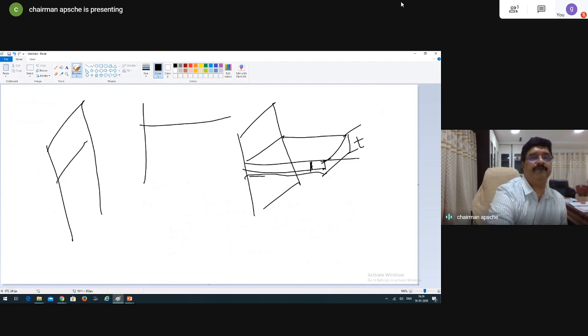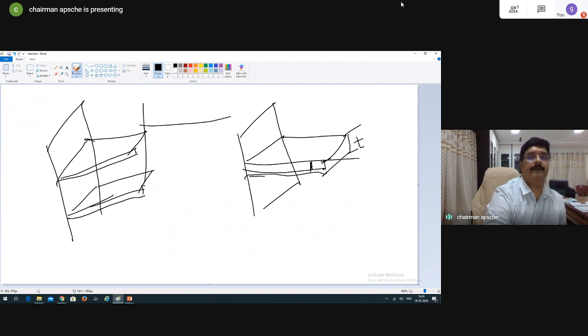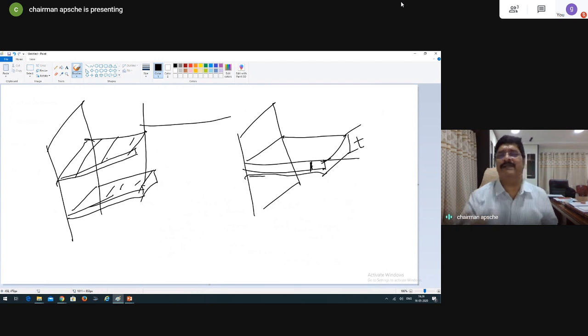If we make 2 fins, one here and one here, with half the thickness each, see how much the surface area increases. Ultimately the concept is to increase the area. So whenever you use fins, you don't refer to very thick fins. Thick fins will not help you. Thin fins are preferred, because the major surface area comes on the top and at the bottom.